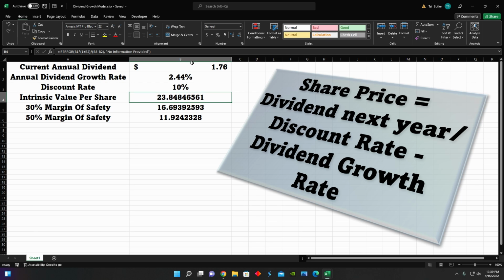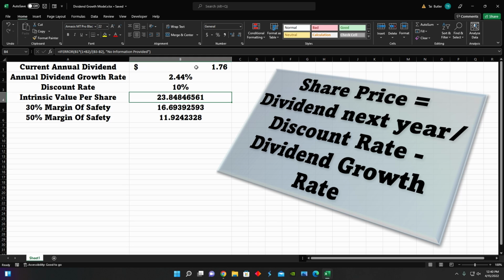And we're multiplying it by the projected growth rate for the annual dividend. In this case, I have an annual dividend growth rate of 2.44%, which basically means that from now till next year, the current annual dividend of $1.76 per year is going to grow by 2.44% to the next year.